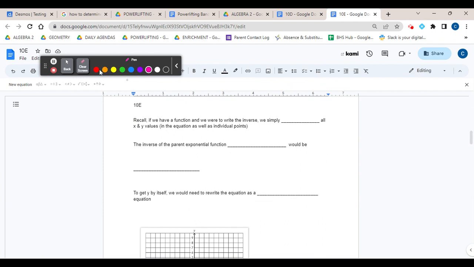Now, going back to what we talked about very early in the year, if we had a function and we were to write the inverse of that function, what you do is you flip all the x and y values in the equation, as well as the individual points. Okay, so the inverse of the parent exponential function would really be x is equal to 2 to the y power.